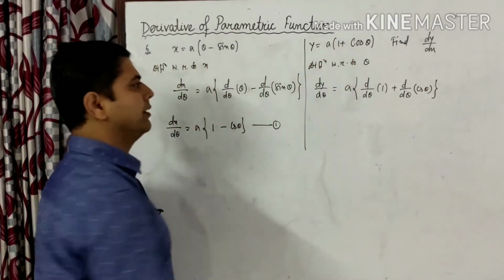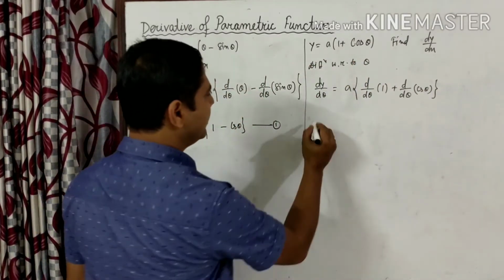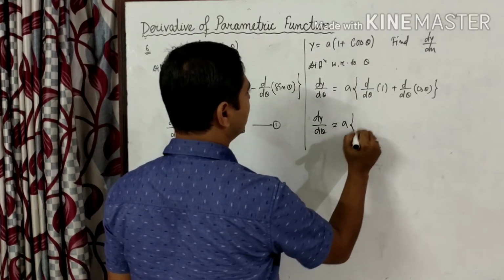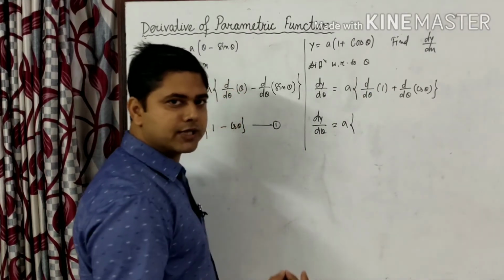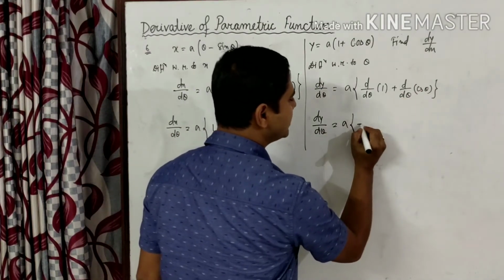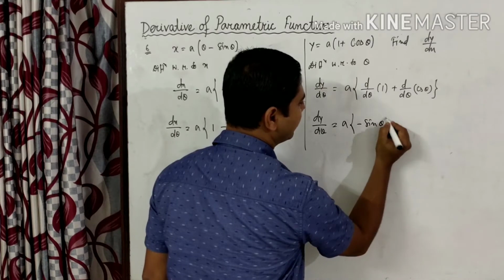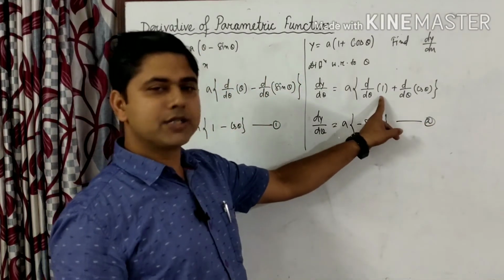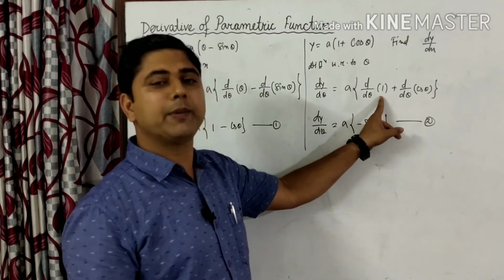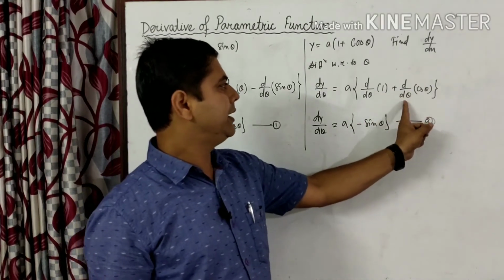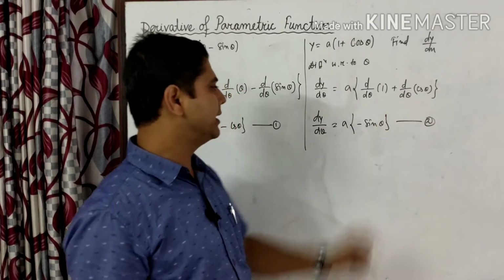A is constant, so it comes outside, and ultimately you have a into d theta of 1, the derivative of a constant is always 0, plus d theta of cos of theta, which is definitely minus sin of theta. This one we consider equation 2.